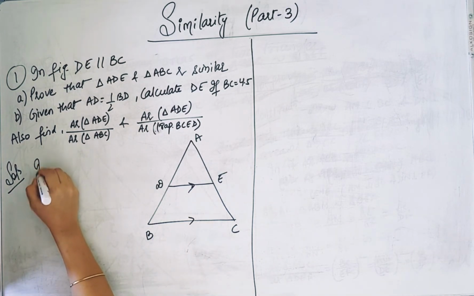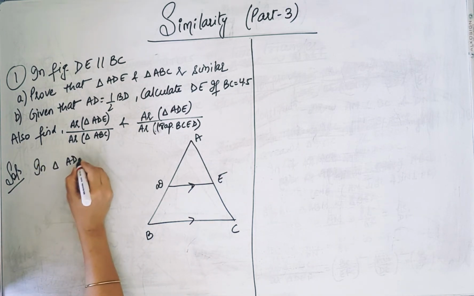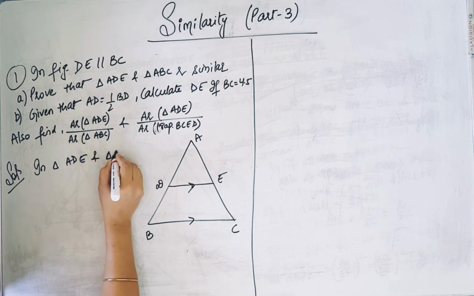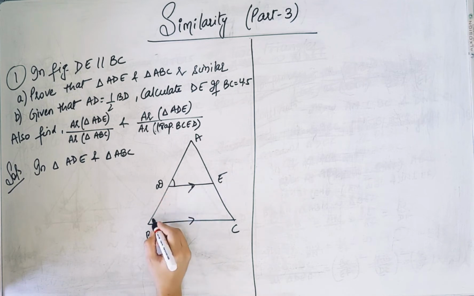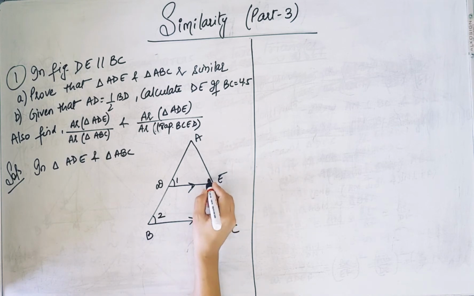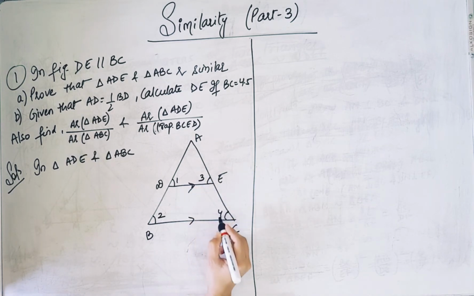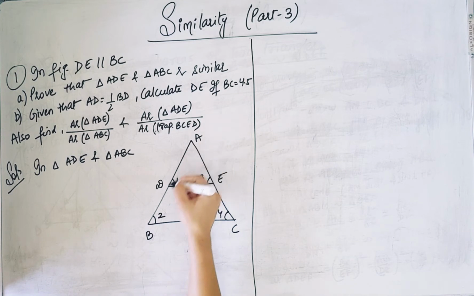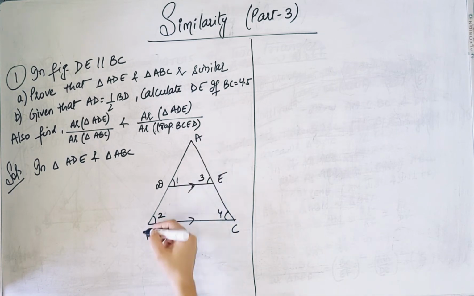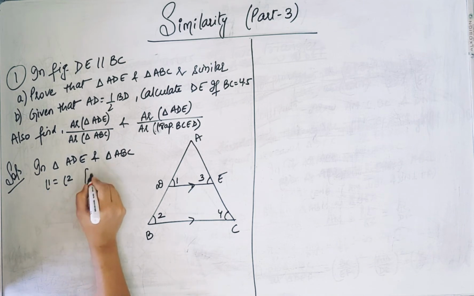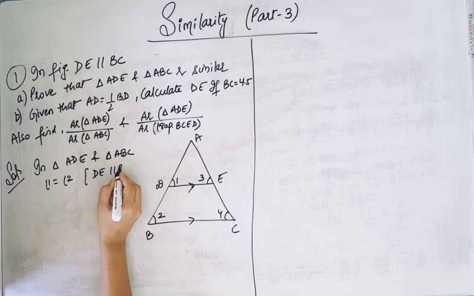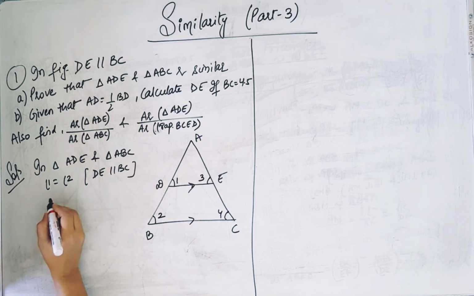So first of all, the very first part which we have to prove is ADE and ABC are similar. So we'll write it over here in triangle ADE and triangle ABC. Since these two lines are parallel, this angle and this angle will be equal, that is angle 1 is equal to angle 2 corresponding angles, and angle 3 is equal to angle 4 corresponding angles. तो ADE का angle 1 and ABC का angle 2 are equal. Why? Because DE is parallel to BC through corresponding angles.